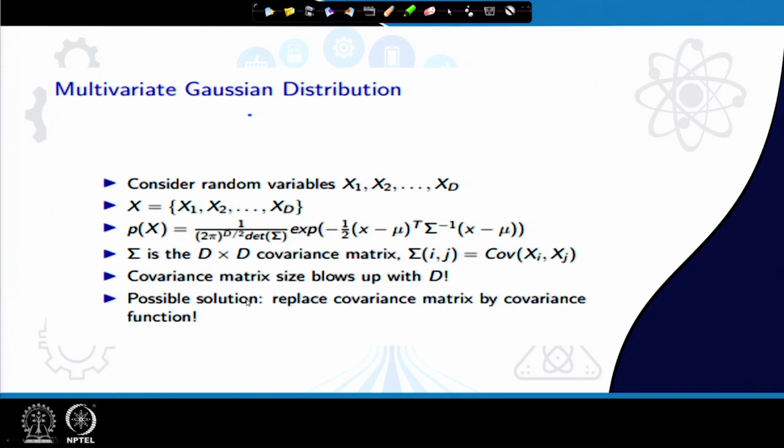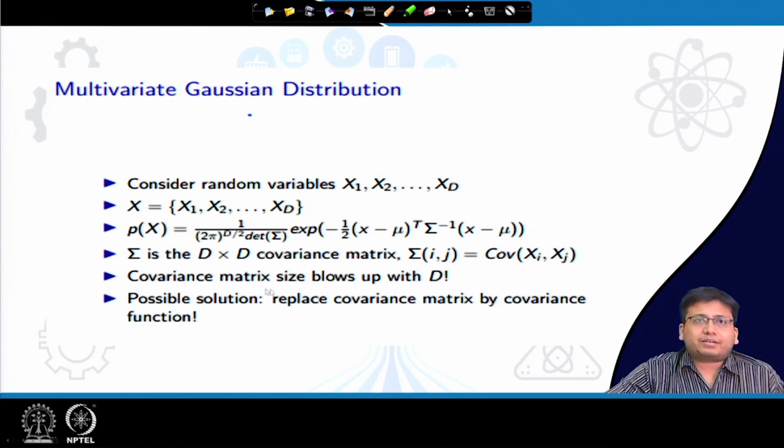So, the problem is that this covariance matrix's size blows up with d. That is, instead of considering a small number of variables like this, if you consider a very large number of variables, then this covariance matrix will become d cross d, that is, its size is going to be bigger and bigger. As a result, carrying out these kinds of inverses or the determinants is going to become more and more difficult.